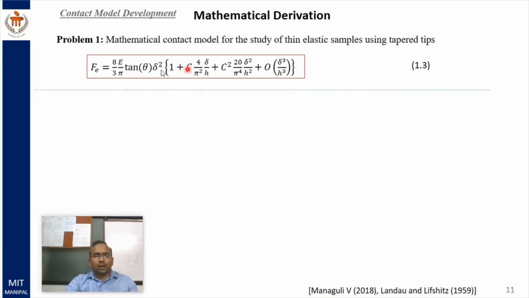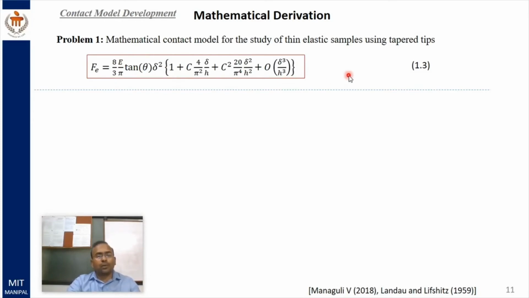So this equation looks really big, but just to make it simple to understand, the term outside the bracket is nothing but Sneddon's equation, and within the bracket is the correction factor.